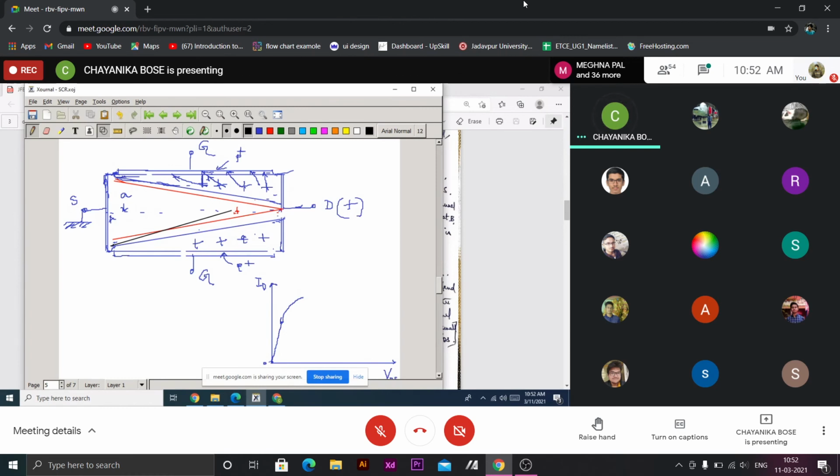So this is the effective reverse bias. Now we have shorted our gate to the source, so the gate voltage is 0.